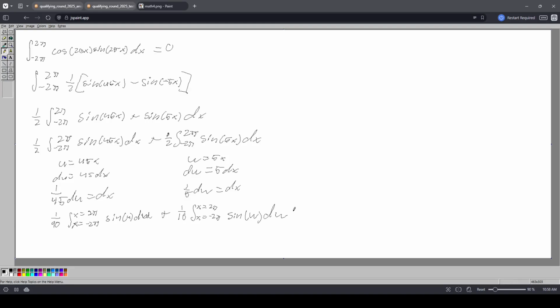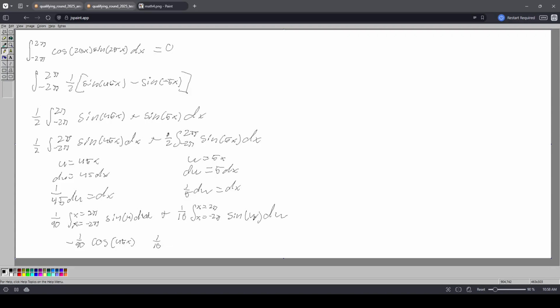Okay. So, sine is negative cosine, so we're going to be negative 1 over 90 cosine, it'd be cosine of u. We'll just sub it in now. Cosine of u is cosine of 45x. And then, over here, we're going to have 1 over 10.